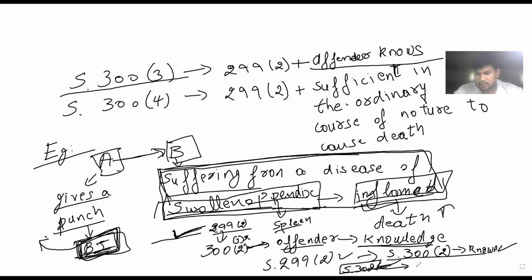What is this? Basically it talks about first death, then imprisonment for life plus fine. Okay, have you understood?